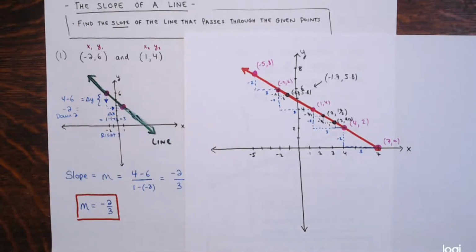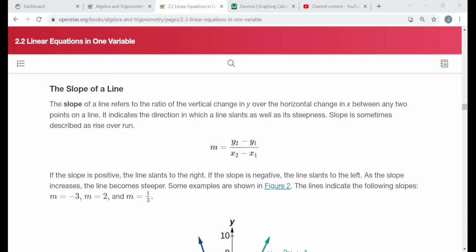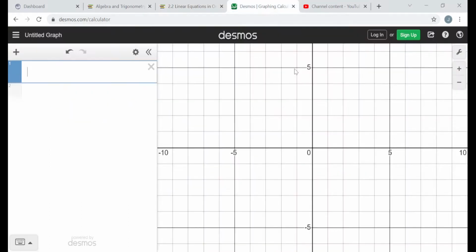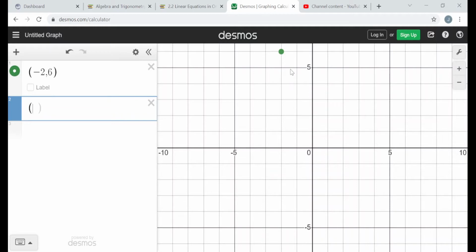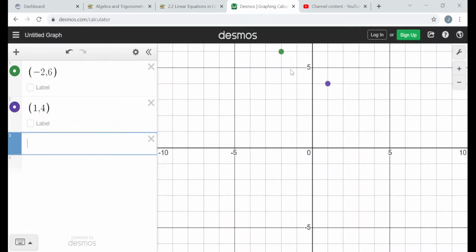Now let me show you a much better picture of this on a free online graphing calculator. It's at a website called desmos.com. I'm pretty sure I've shown you this in previous videos. Alright, so let's start plotting all these points. We had (-2, 6), there it is in green. (1, 4), there it is in purple, and I'll change the colors at the end.